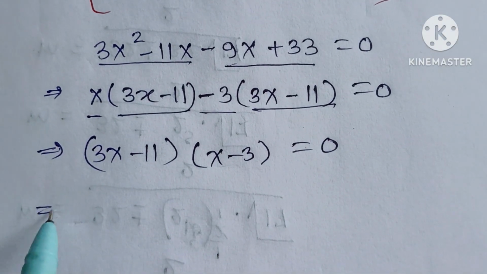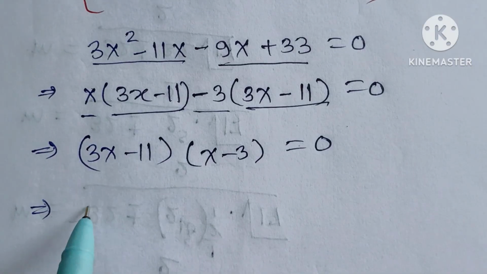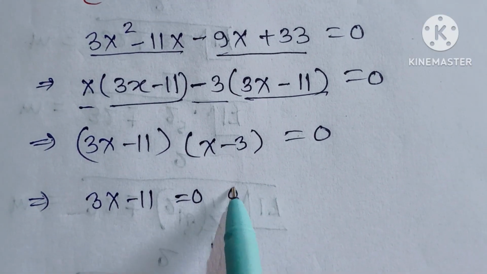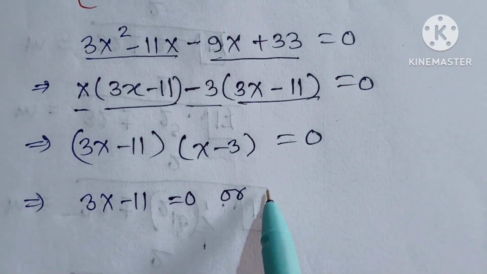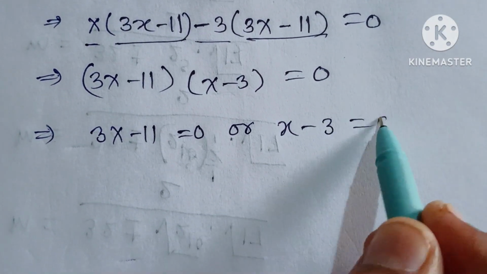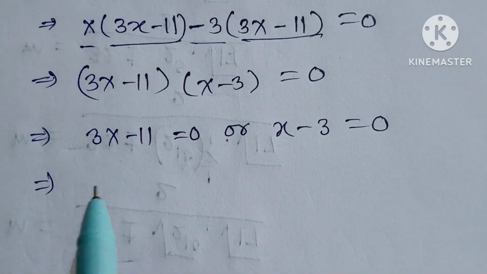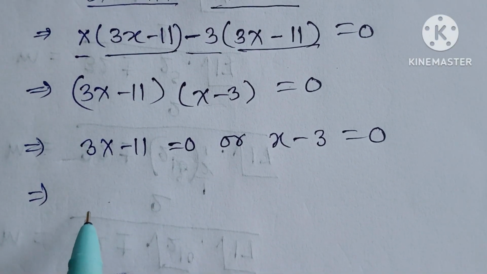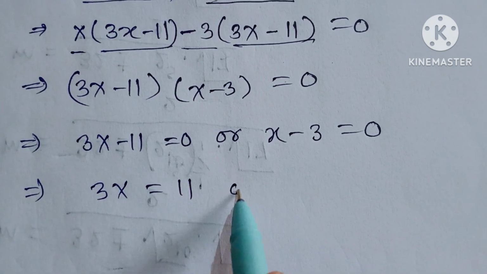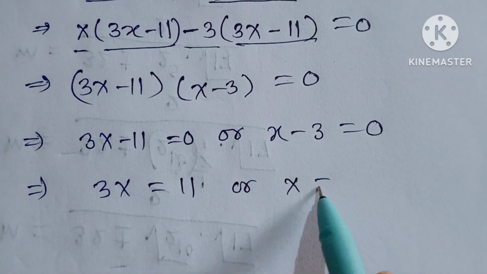Now comparing 3x minus 11 with 0 or x minus 3 with 0, we get 3x equal to 11 or x equal to 3.